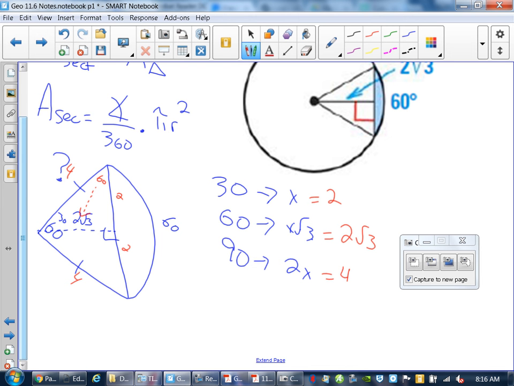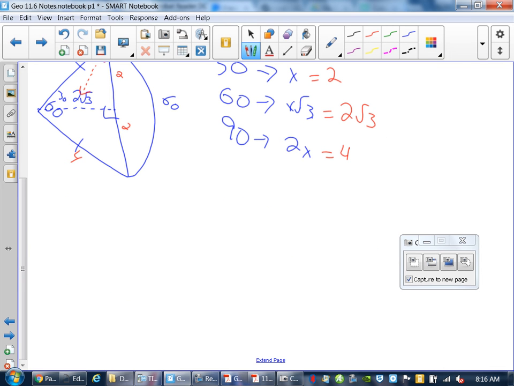So what's your radius of the sector? 4. The radius of the sector is going to be 4. And now, do I have the base and the height of the triangle? Yes. The base is 4, the height is 2 root 3. Or I could use perimeter and apothem, but I would just go with base and height because it's quicker, it's just a triangle. So start filling in blanks.